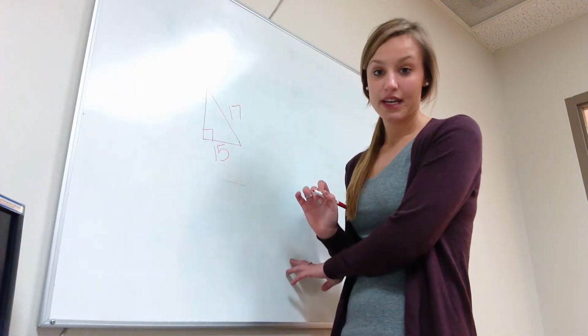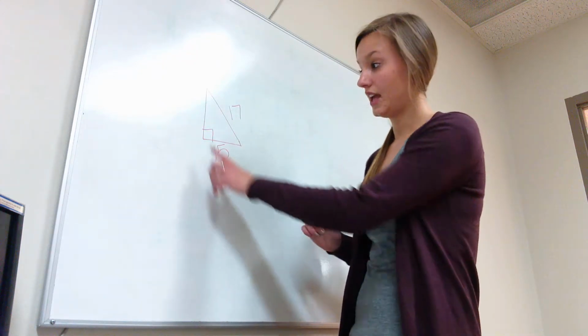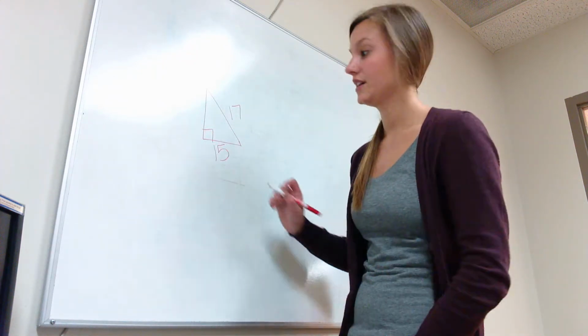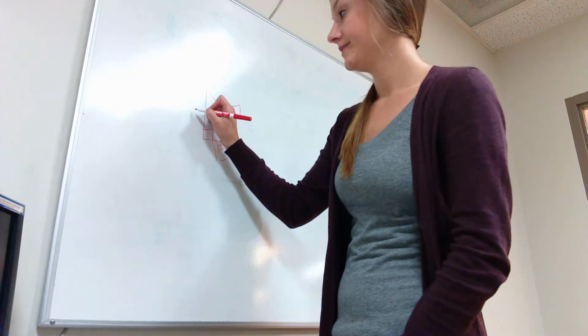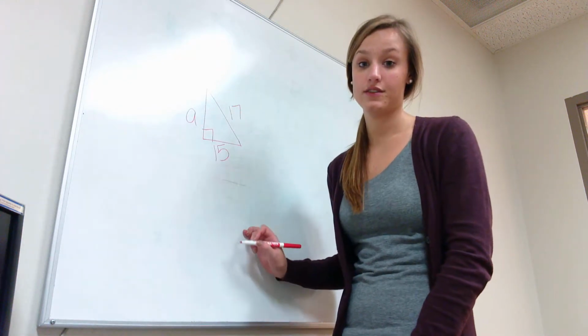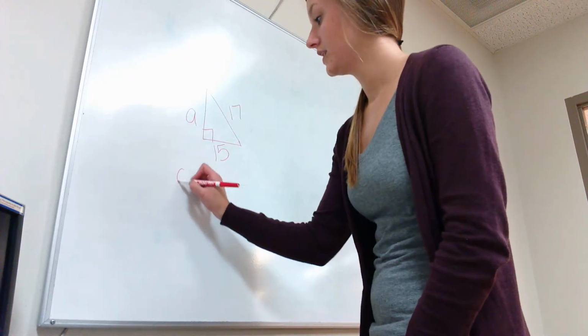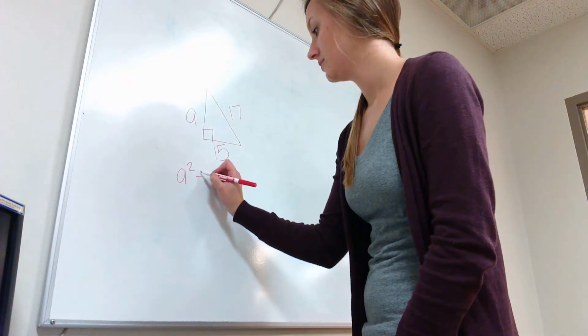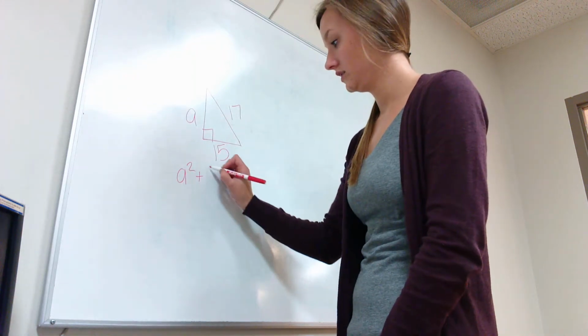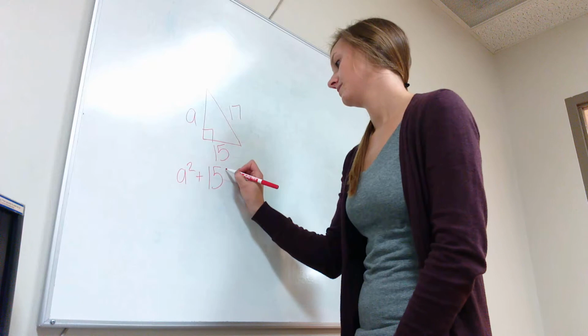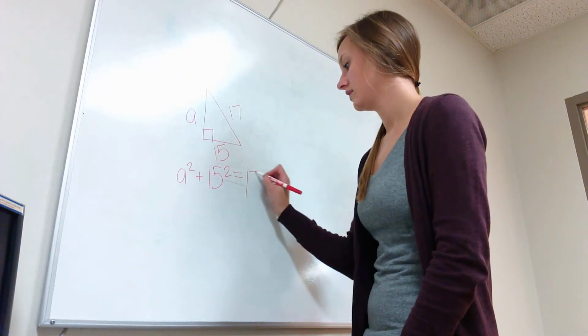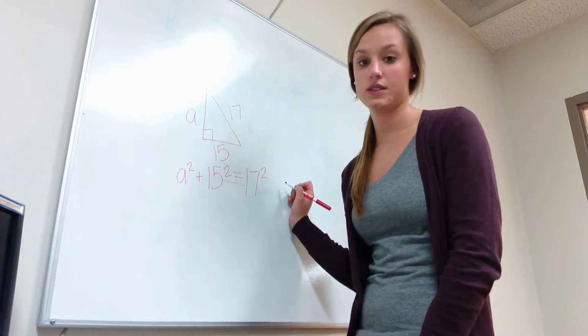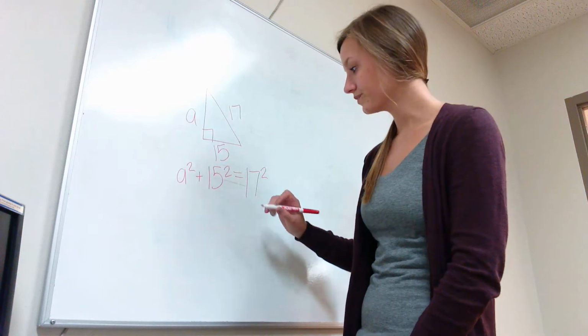Now we're going to put it back into our equation, which was a squared plus b squared equals c squared. This is going to be our a, so we're solving for a. So we have a squared plus b squared, which is 15, equals c squared, which is 17.